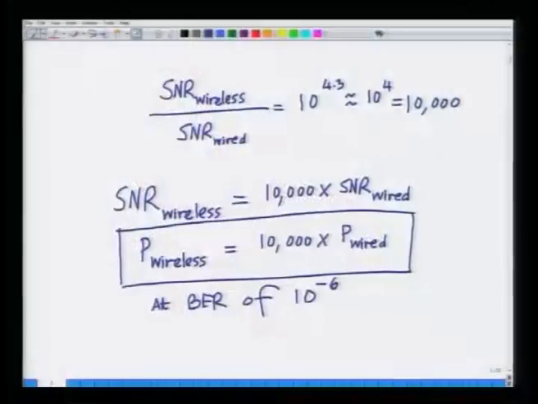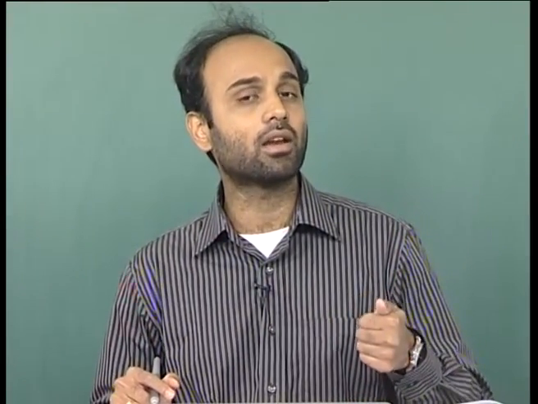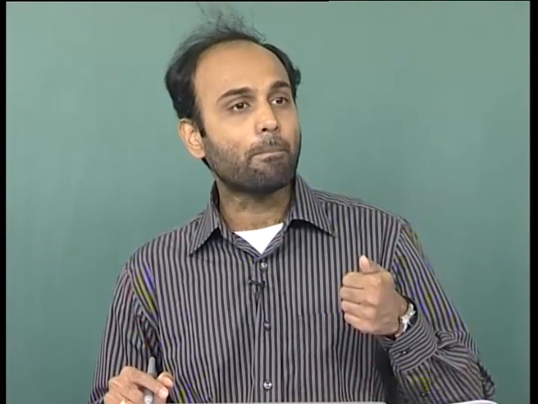All right. So, to overcome that, you need to transmit at a very high power. How much higher? This result here says that for a bit error rate of 10 power minus 6, you need 10,000 times higher power to achieve the same bit error rate as a wired communication system. So, this is what we meant by doing a comparative analysis of a wired and a wireless communication system, and we have discovered after this analysis that first, the wireless communication systems have a very high bit error rate, which means for the same transmit power, they have a very poor performance.